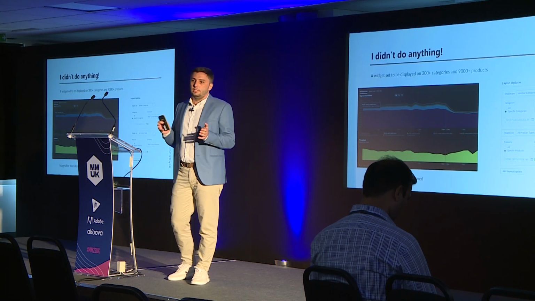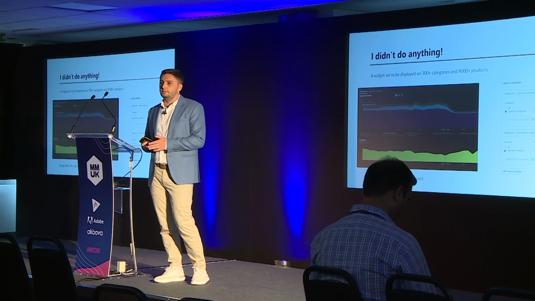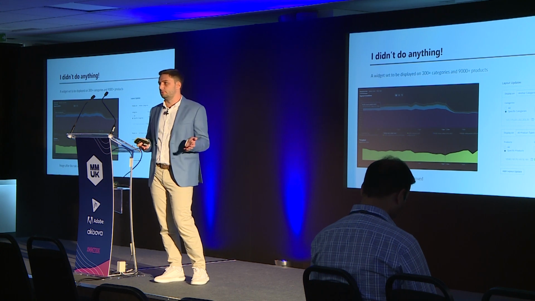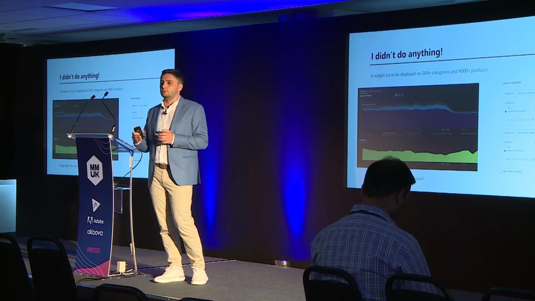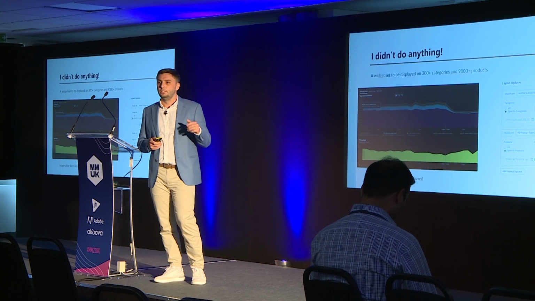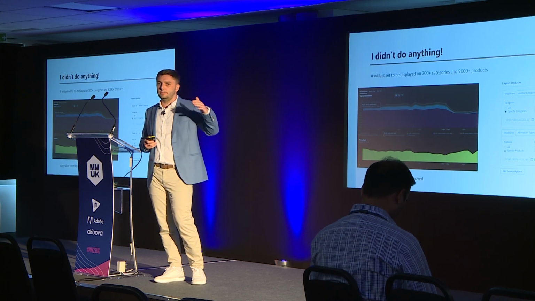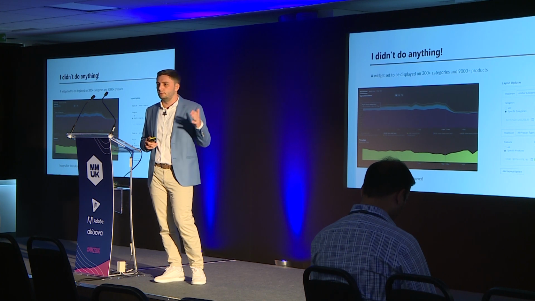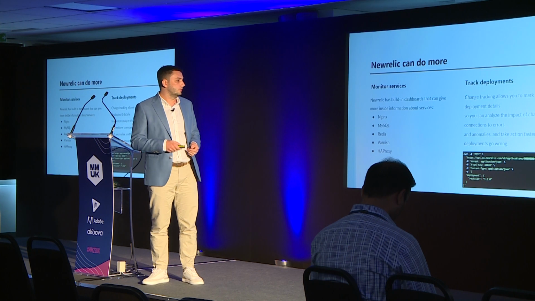And then you can easily see if the new version of the website is slower than the previous one, because you can easily compare those two, and New Relic automatically does this for you. So you can go to the deployments section, and you can see that version 2 of your application is 10% slower than the previous one. And you can try to analyze what you need to do there.